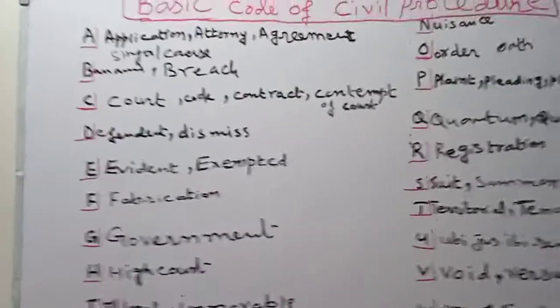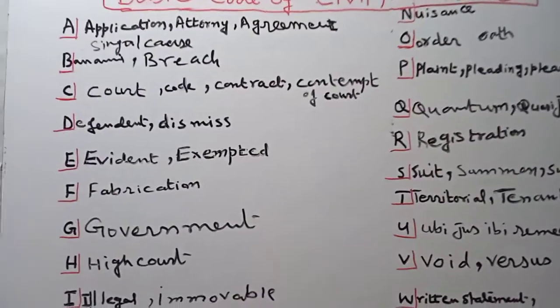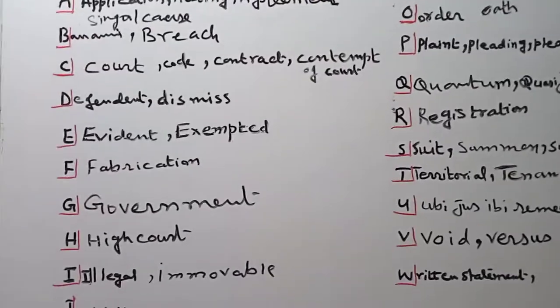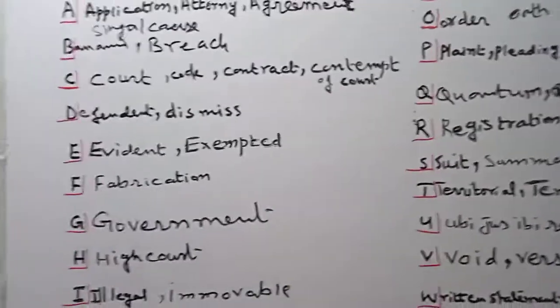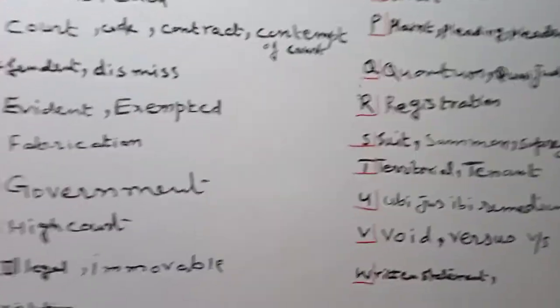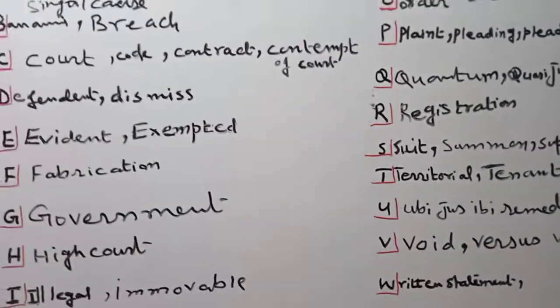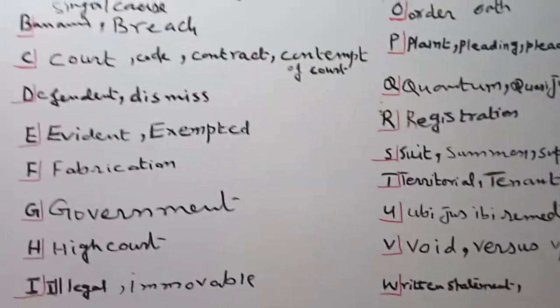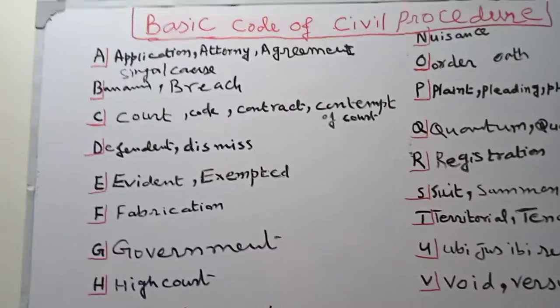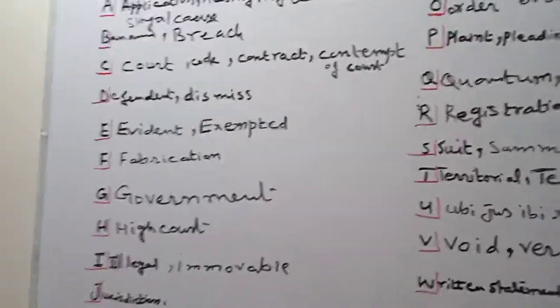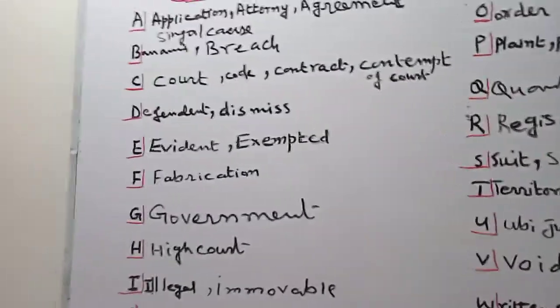These are the Benami property transaction kind of. Breach means when an agreement or contract is not completing or continuing, it is called breach of contract or breach of agreement.